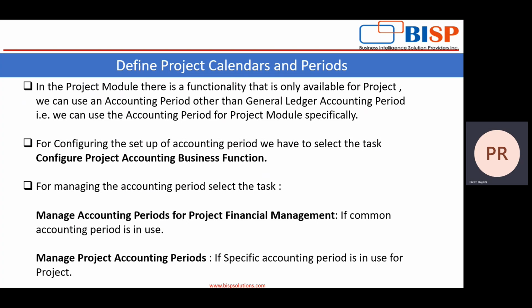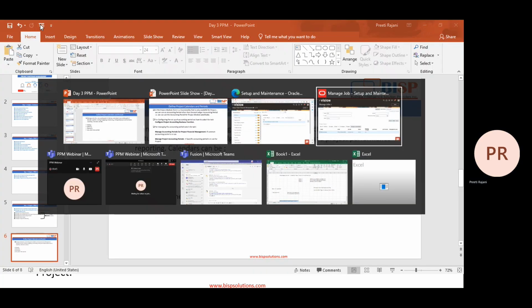We can use the accounting period for project module specifically. For configuring the setup of accounting period, we have to select the task that is configure project accounting business function. Now, when you created the project accounting calendar or you have selected the accounting calendar as GL only, where you will mention that, I will tell you. Let's move to our application and we'll see.